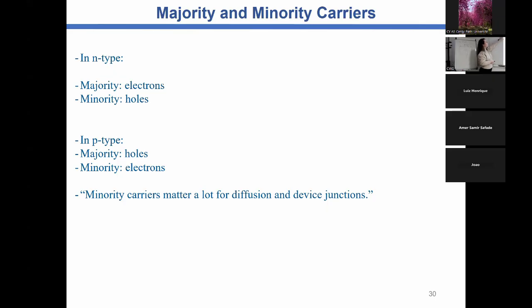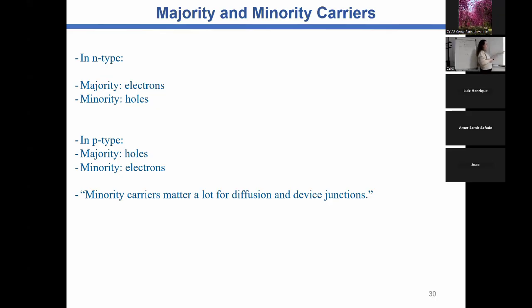So we call the majority carriers electrons, and we call the minority carriers holes. In the case of the p-type, where we have more holes in the material, the majority carriers are holes, and the minority carriers are the electrons.